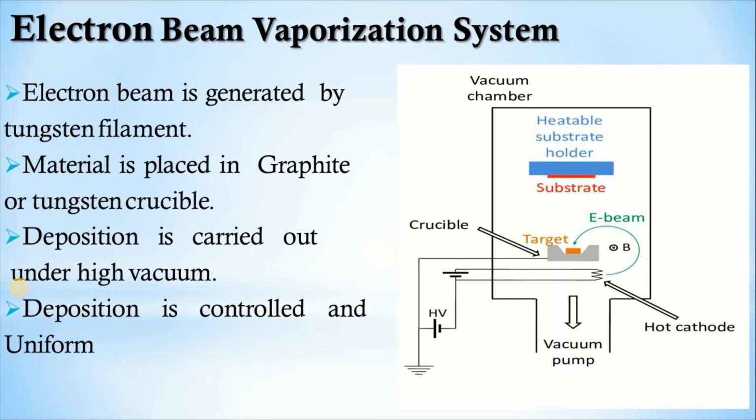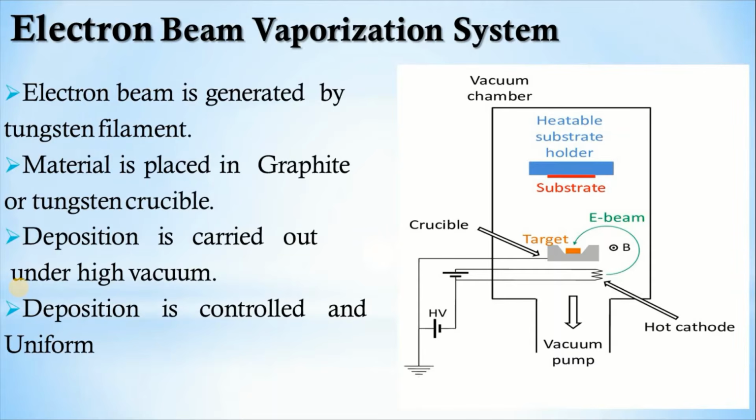The metal vapors are produced by bombardment of electrons on the metal surface. The electron beam is accelerated using a potential of 5 to 10 kilovolts and focused on the metal piece.